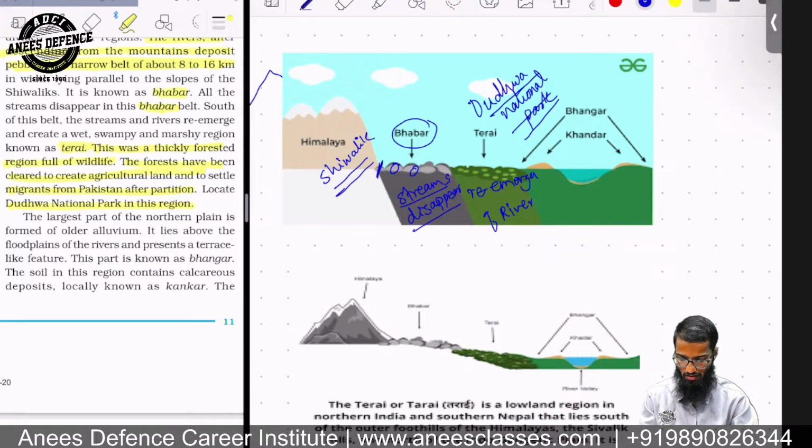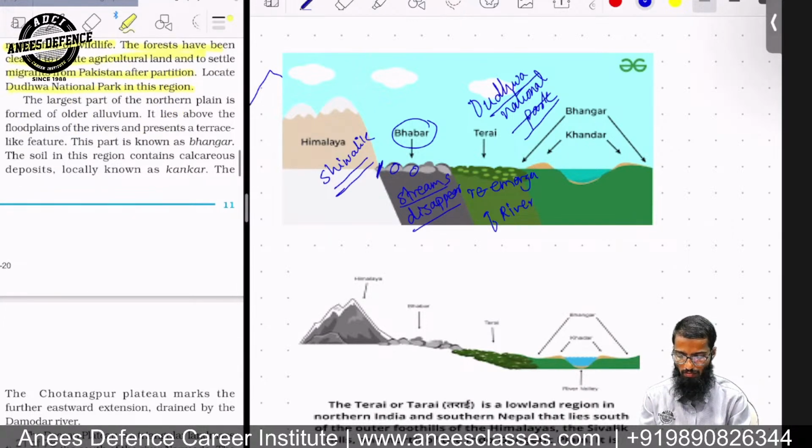The largest part of the northern plain is formed of older alluvium. It lies above the floodplains of the rivers and presents a terrace-like feature. It is called Bhangar. So this area is called Bhangar. The soil in this region contains a calciferous deposit known as Kankar.